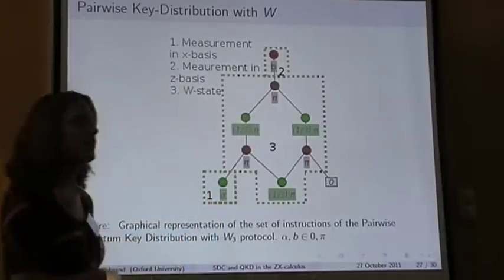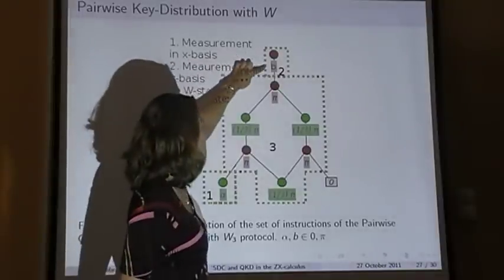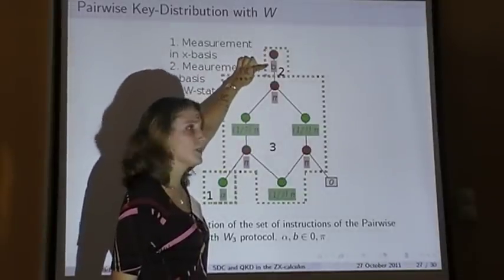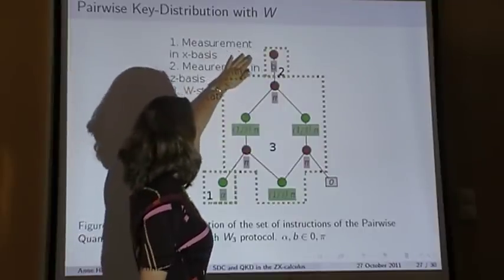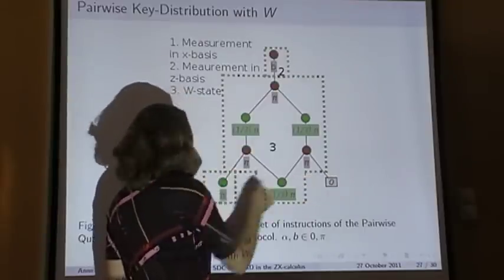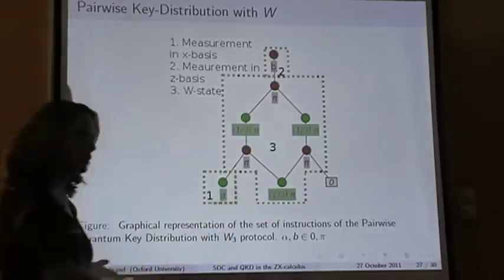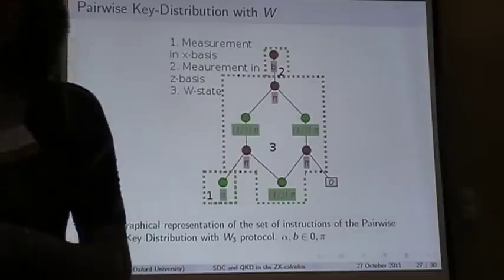What we want to show now is that if this outcome is 0, so the decider has outcome Z plus, then this person will also get the outcome alpha. And alpha is either 0 or pi, so it's either plus or minus. This is very easy to show.